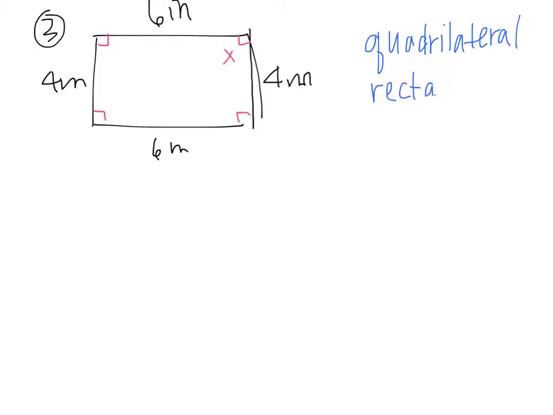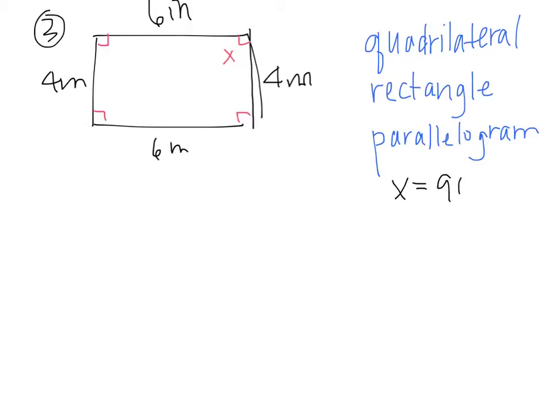Rectangle. And then, what else can this be? What else? Gotham? Very good. Why is it also a parallelogram? The opposite sides are parallel. Very good. And this is really easy. My angle measure, x, is x equals 90 degrees. We know that because of the symbol right there. Box your answer.